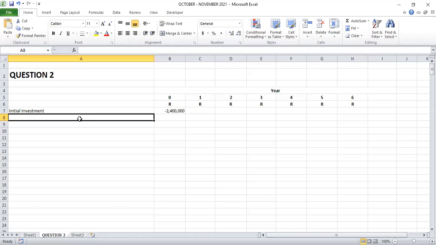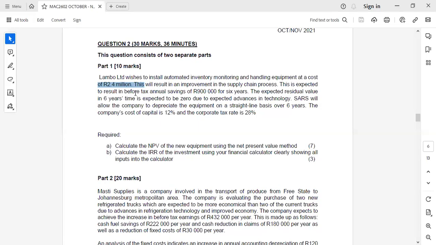We are told that this is expected to result in before tax annual savings of 900,000. So annual savings.